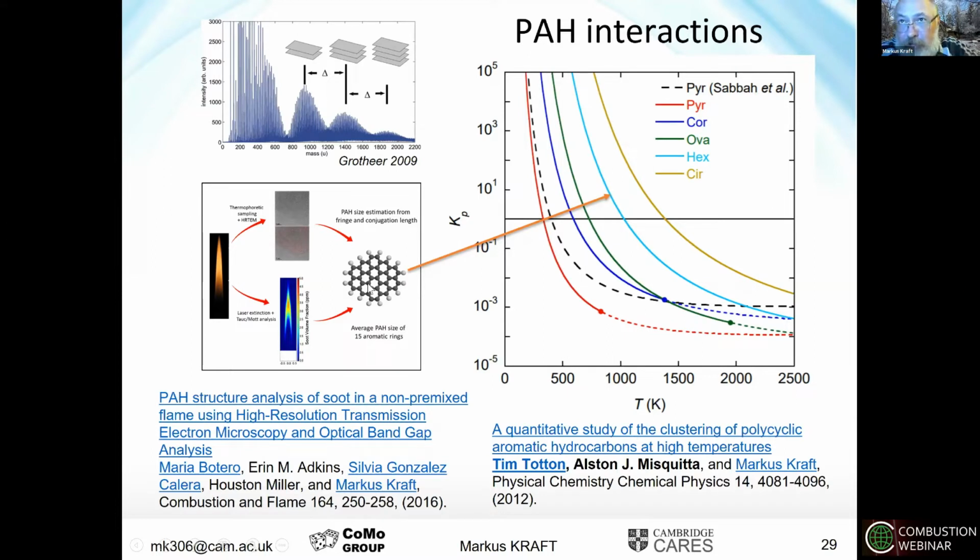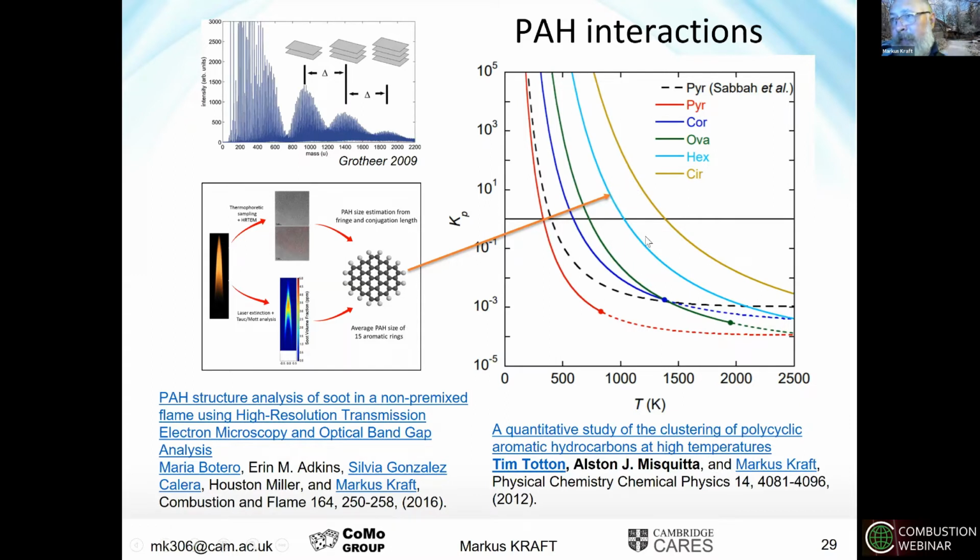Now of course you can take these building blocks, use the potential, and calculate the equilibrium constant. Everything above here leads to a dimerization, everything below is not a dimerization. You can see this 15 aromatic ring structure is about here where the blue line is.